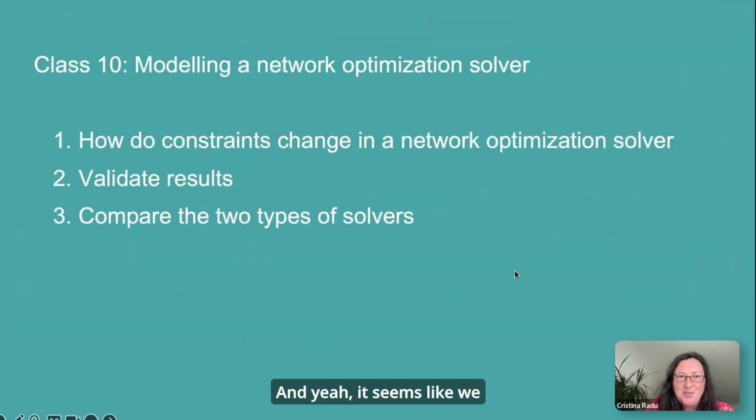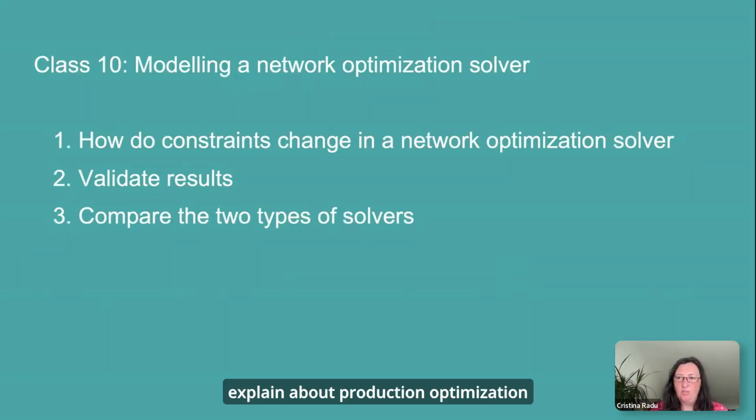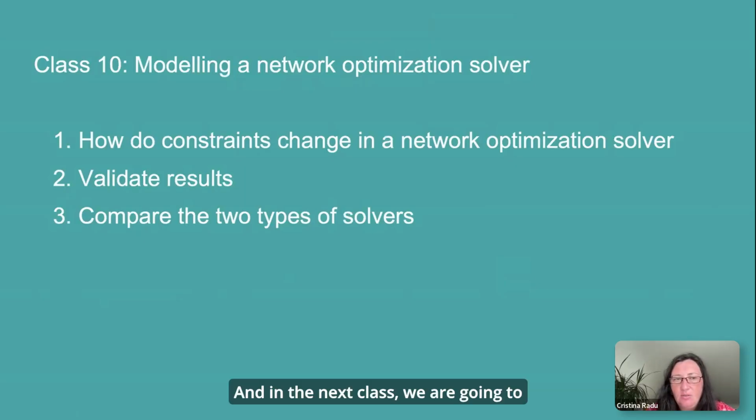And it seems like we got to the end of the class. So I just wanted to make this introduction, explain about production optimization and go gradually to network design, network optimization. And in the next class, we are going to talk about the technicalities, as I said, how the granularity of the demand changes and the material balance equation changes a little bit.